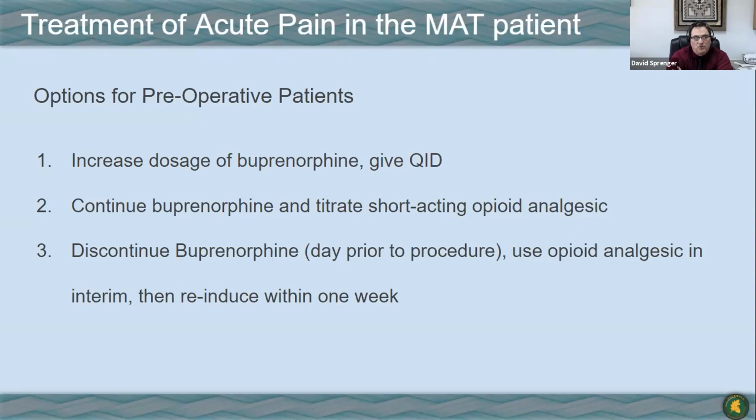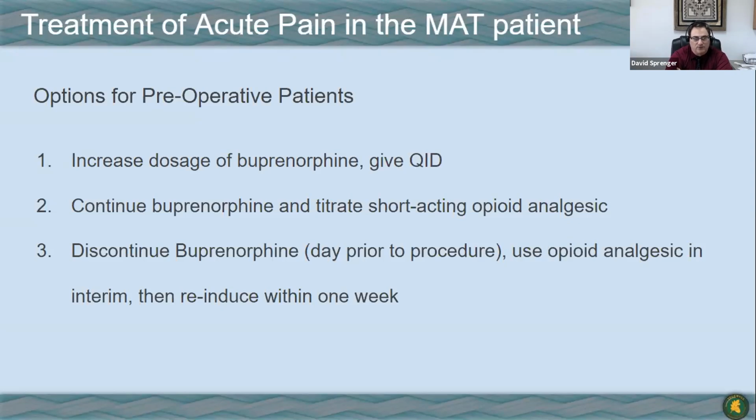So moving on to what happens if your MAT patient gets in an accident and they need quick analgesia, or in this case, they go in for surgery. How is that managed? There are several approaches that are possible. One is to increase the dosage of buprenorphine.